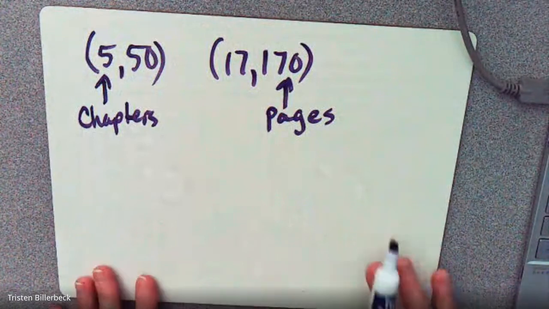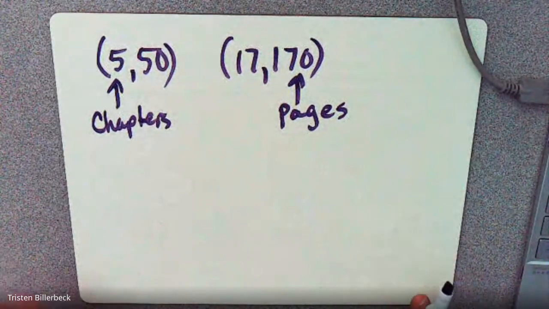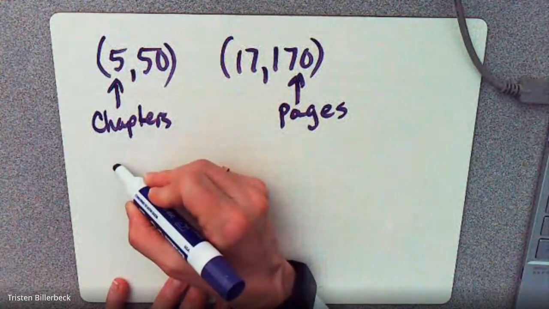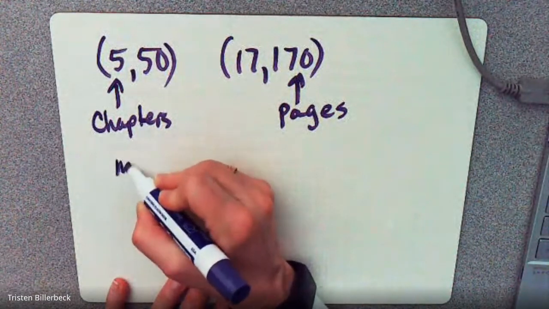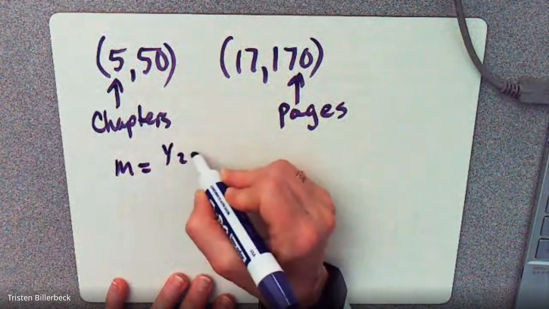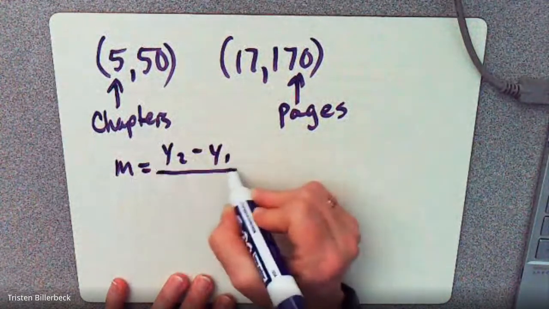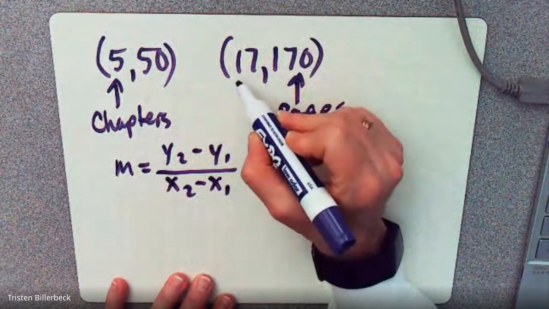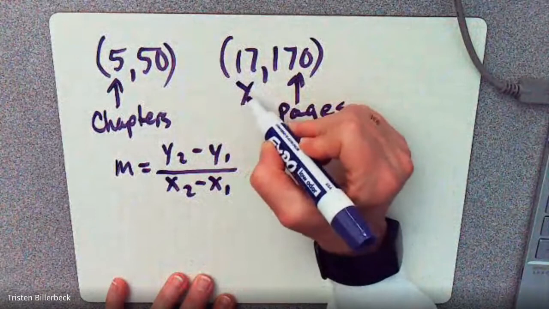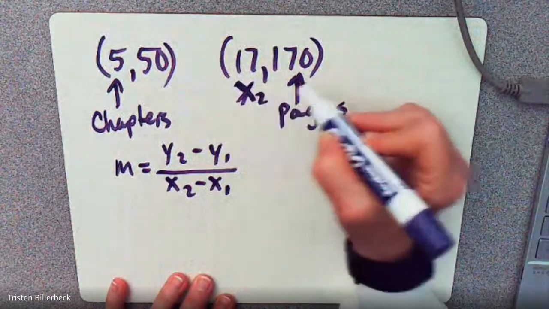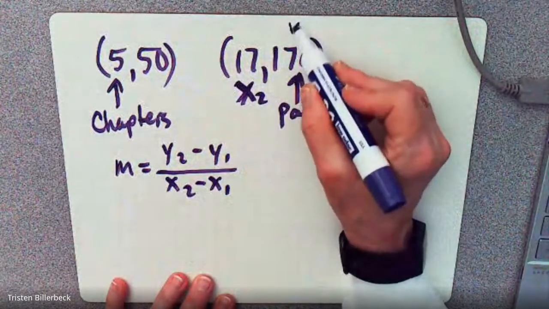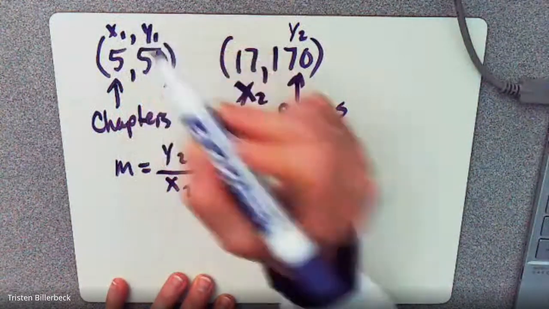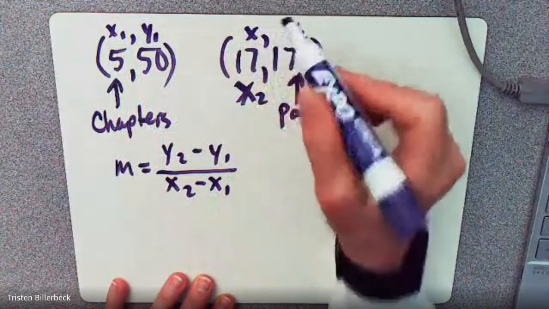Let's go ahead and find the slope. When we have slope, we have m equals y2 minus y1 over x2 minus x1. I'll label the coordinates so it's all the same.